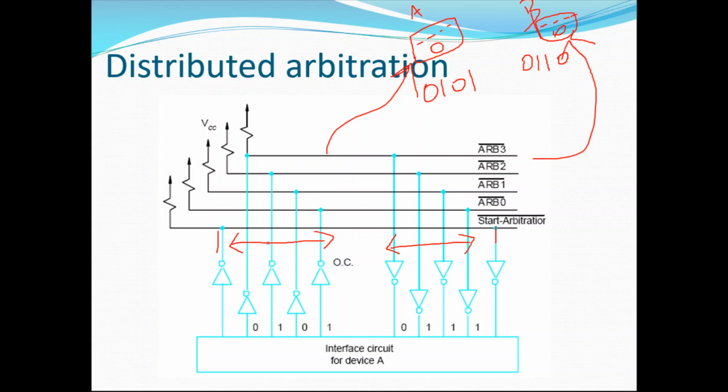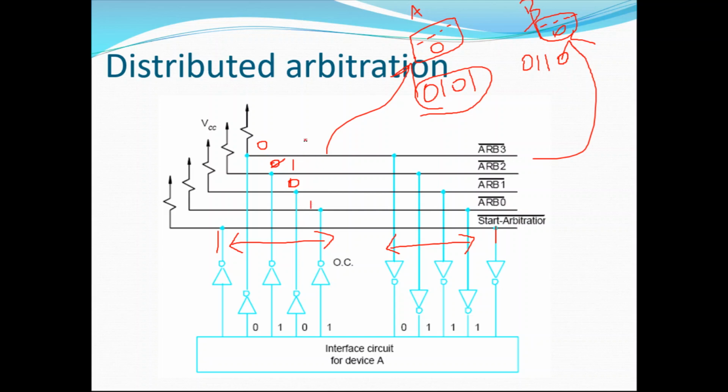For A there will be 4 input lines and 4 output lines, and for B also there will be 4 input lines and 4 output lines. So in A's input line this will be kept as 0 1 0 1: this will be 0, this will be 1, this will be 0 and this will be 1. This is in A's input line.